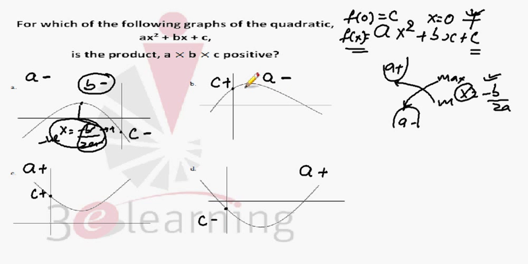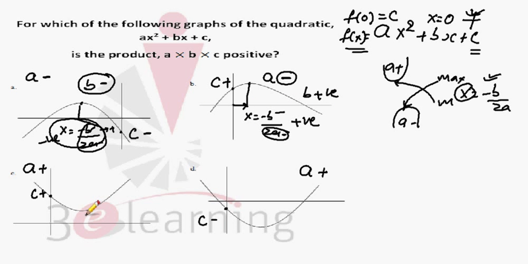Use the same concept here. Our tip is here, so at this x is equal to minus b by 2a, and we know this quantity is positive, and as a is negative, minus into minus is positive, and we are looking for positive, so b should be positive. So our b is positive here.